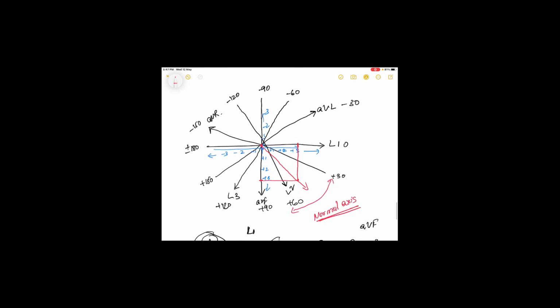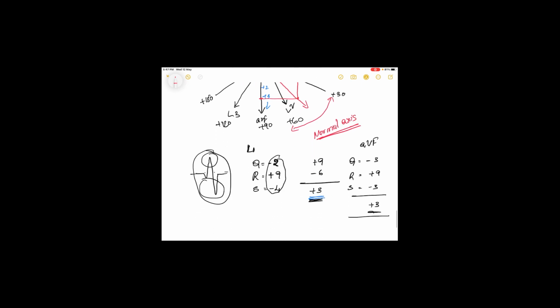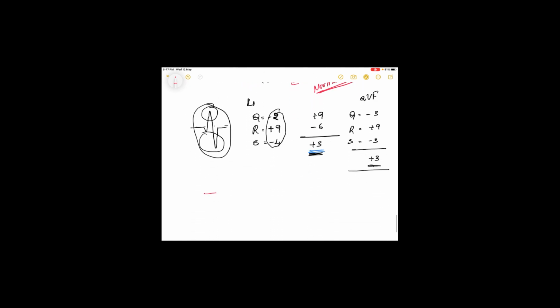For example, you see the wave. This is one wave, this is another wave, this is another wave.